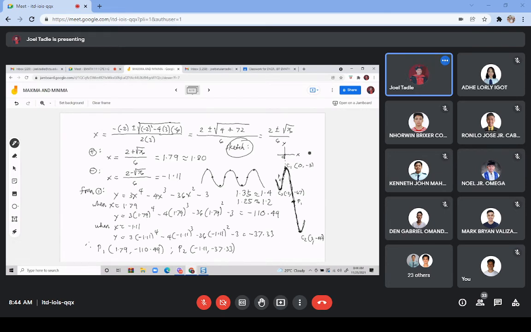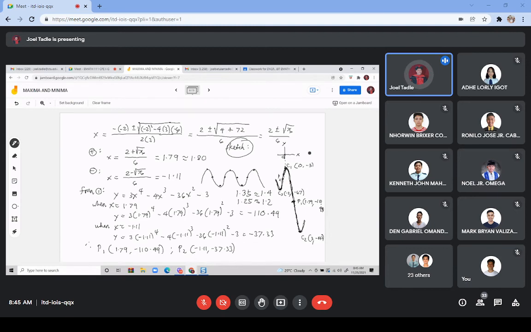This is our P sub 1: positive 1.79, negative 110.49. Since negative 192 is lower, it sits at the center around there.